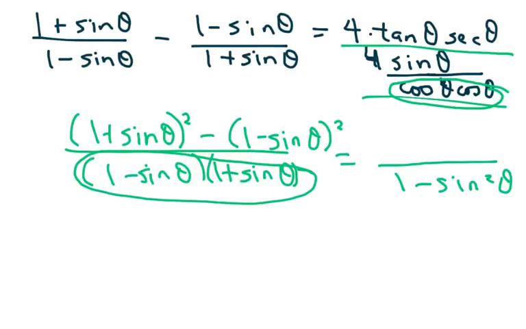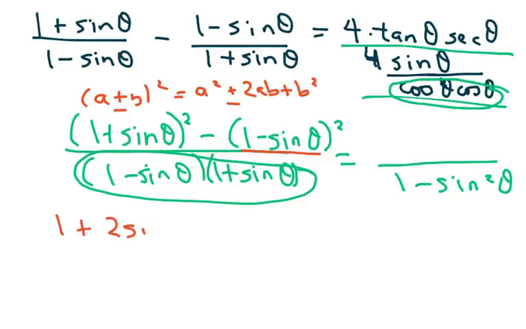So the numerator, this is your a plus b squared, and we know that's a squared plus 2ab plus b squared. And this one's the same thing, but it's minus minus here. So just take care of that. 1 plus 2 sine theta plus sine squared of theta minus, and be careful here because you have to distribute this negative.